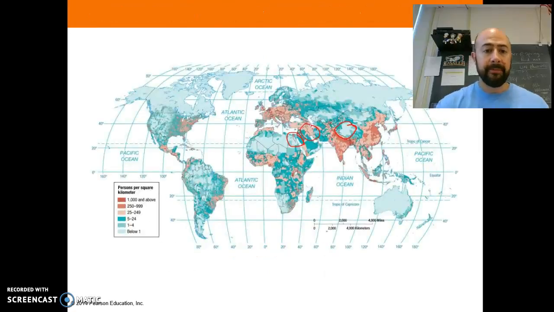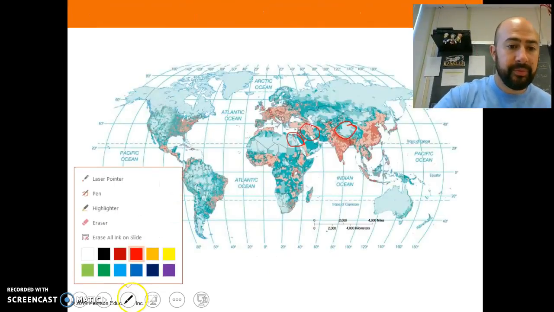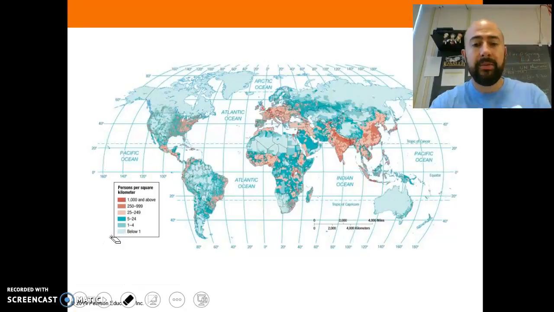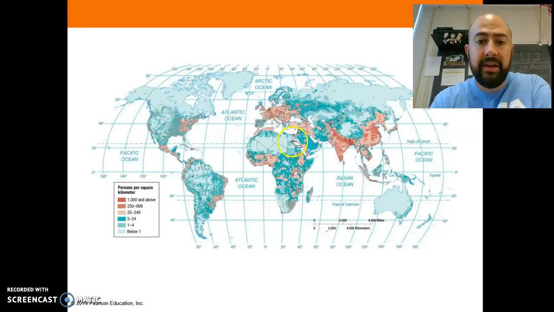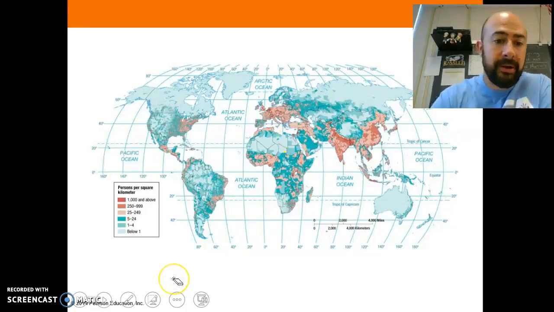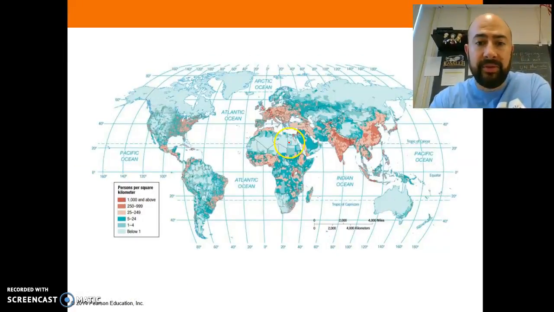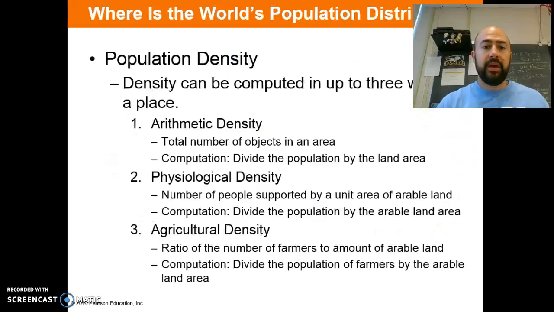A great example of that is Egypt. Egypt has a very high physiological density because there's not a lot of arable land, but there's a lot of people that live in that little area right there. I'll show you some more examples of that. And then agricultural density is the ratio of the number of farmers to the amount of arable land.